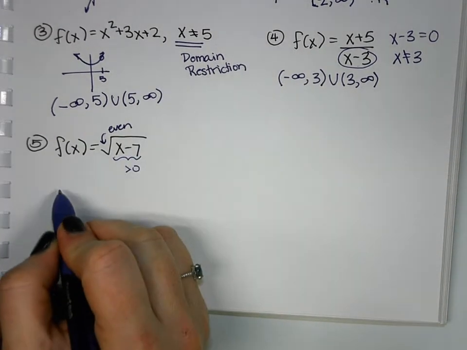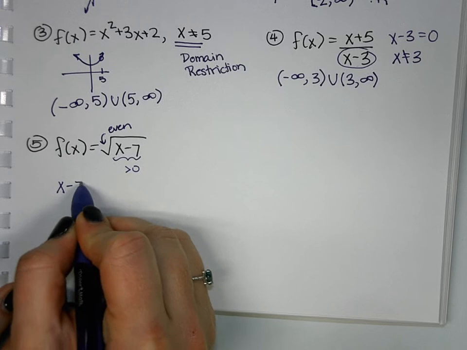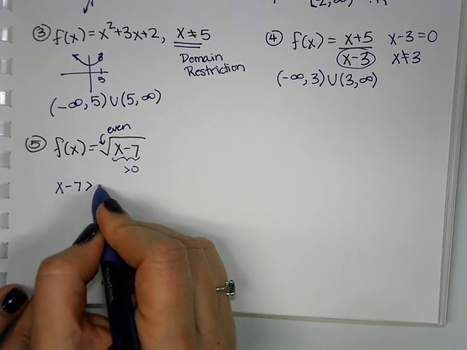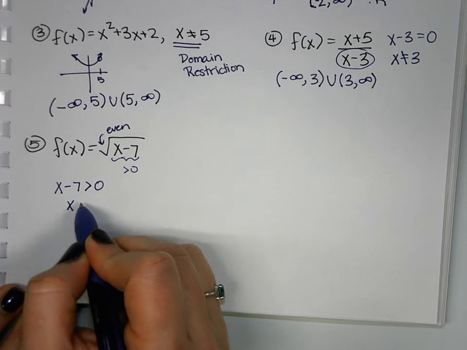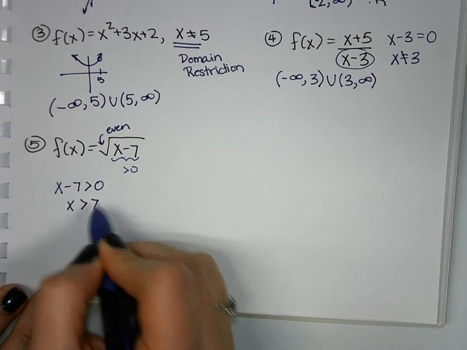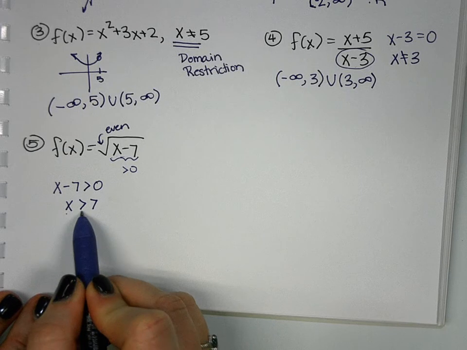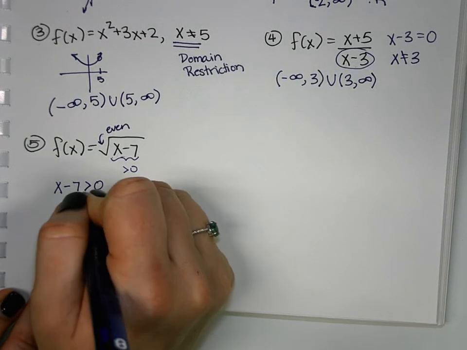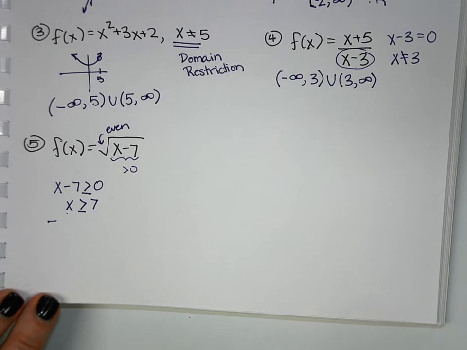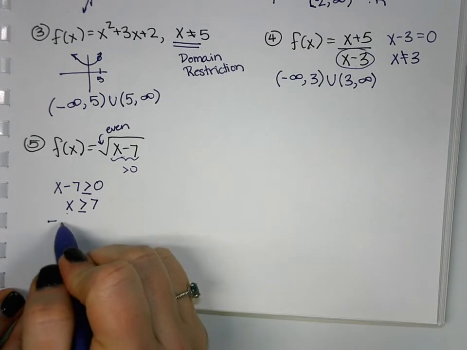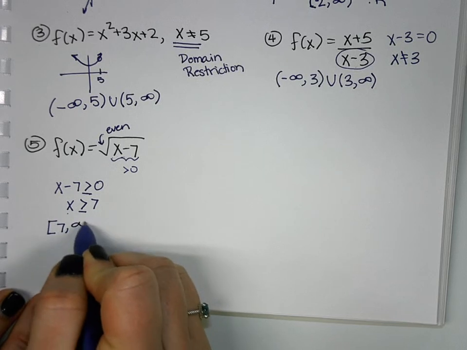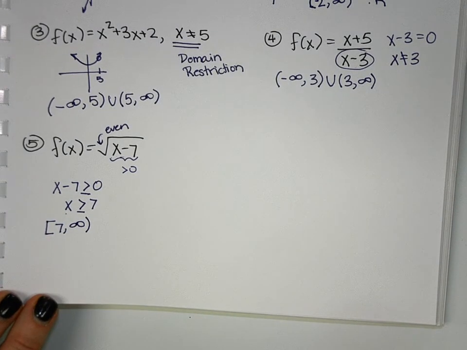So to find our domain, we're going to take our term inside and set it greater than or equal to 0 and solve the inequality. So our domain is going to be all the x's greater than or equal to 7. It can equal 7 because we can have 0. We just can't be less than 0. So here we would say a square bracket 7 all the way to infinity as our domain.